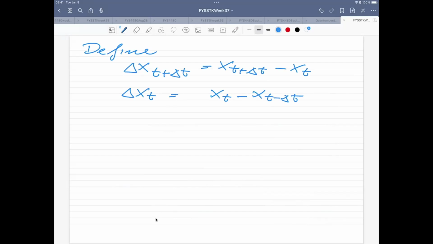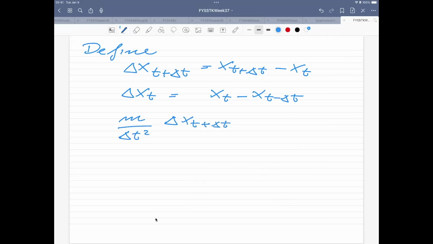Then I can rewrite Newton's equation in terms of these new definitions. So Newton's equation becomes simply equal to m times delta t squared, multiplied with delta x of t plus delta t.